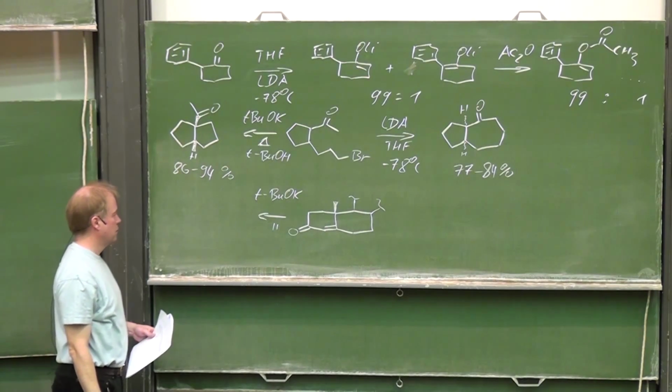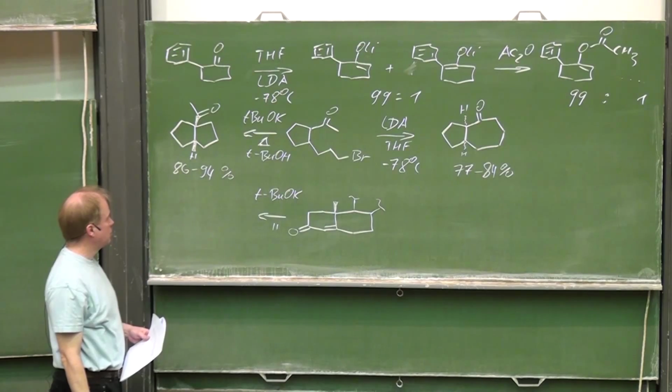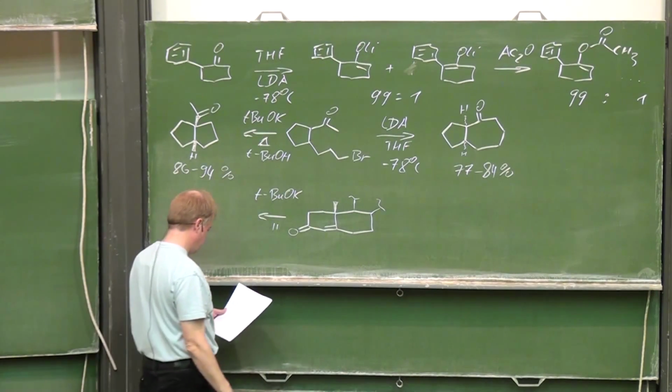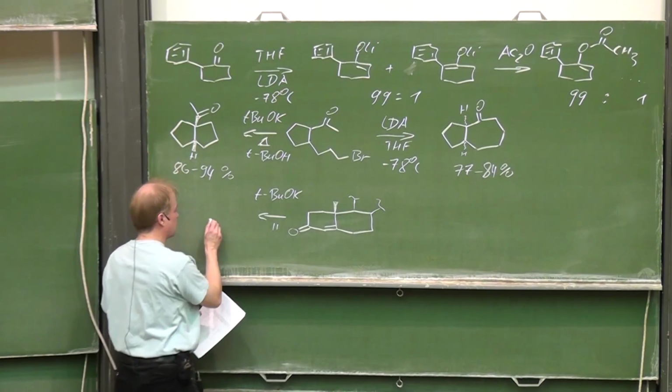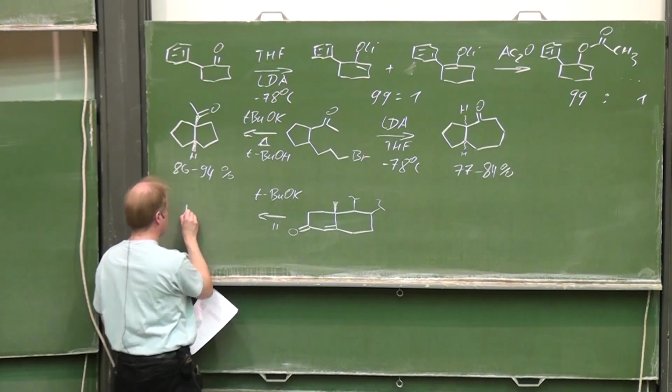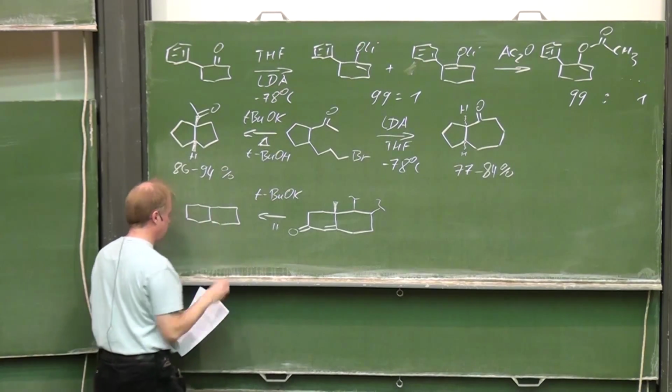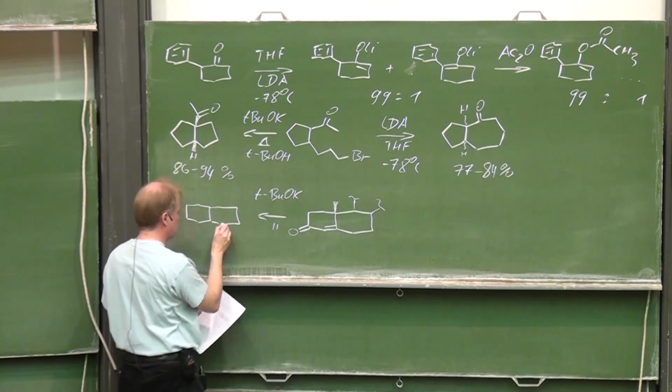Thermodynamic control with potassium tert-butoxide at elevated temperature gives the linearly conjugated system.